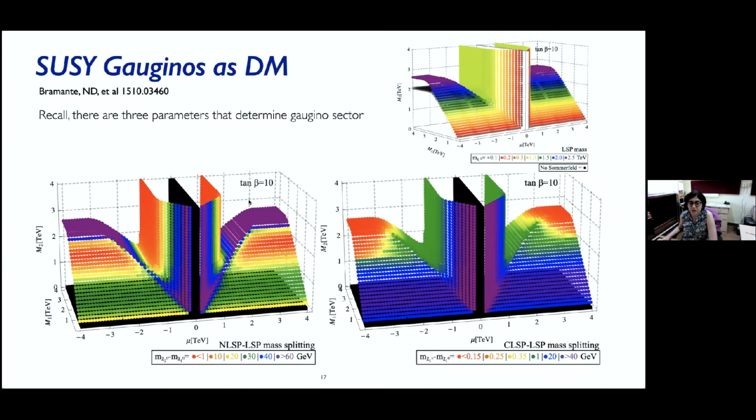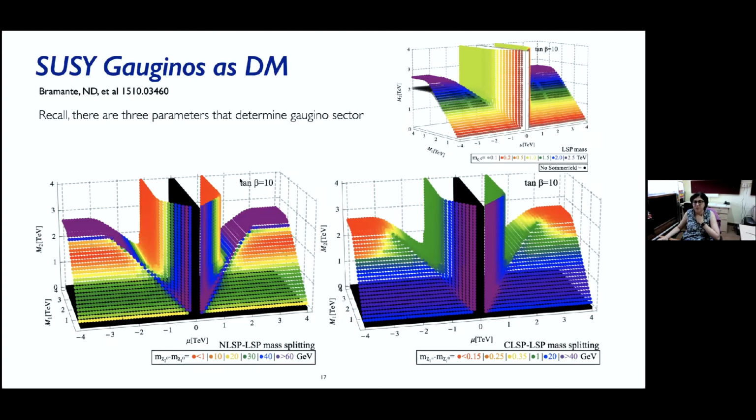The other thing to note here is the mass splitting between what you're going to produce, usually the next-to-lightest supersymmetric particle, the lightest charged supersymmetric particle, and the lightest one. So that's the compression. These are the two figures for the neutral and the charged cases, right? For LHC reach, the mass within our reach is about below what is yellow. So everything that is red or orange is what is within our reach.